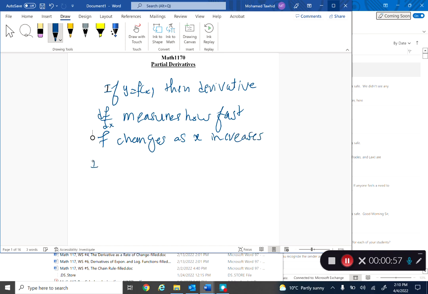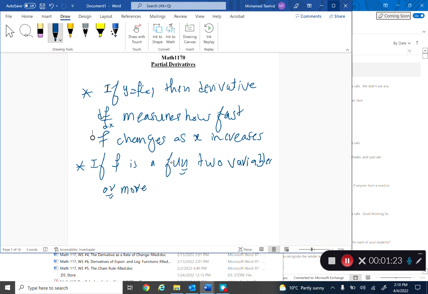So now what happens if f is a function of two variables, like x and y for example, or more than one variable?